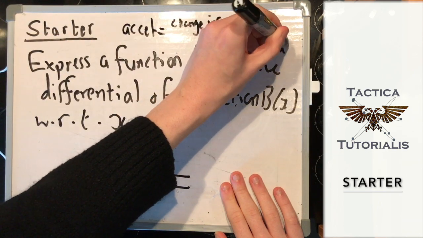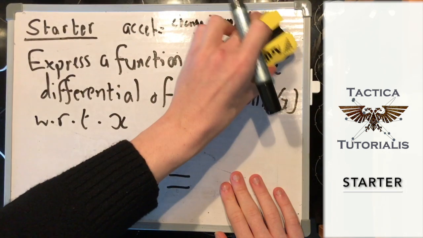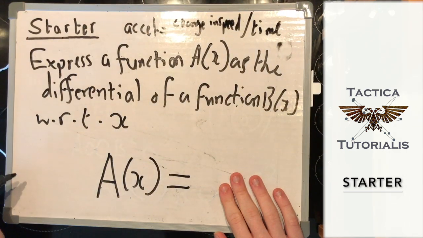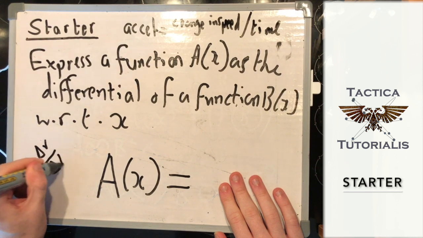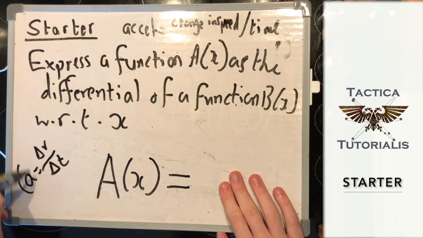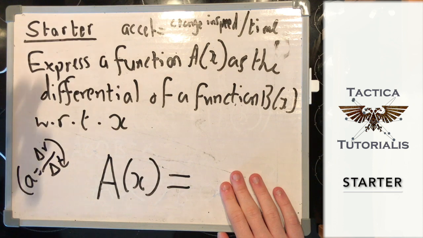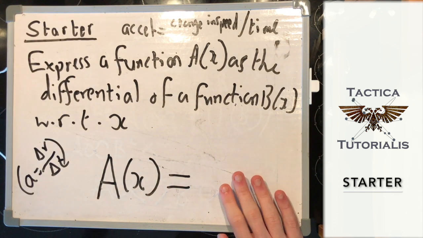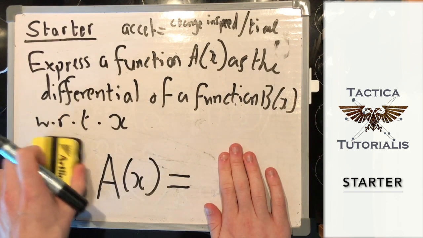A equals delta v. Actually, I need to write that somewhere else. But you might have seen that, which would then be expressed, for example, as A equals delta V over delta T, or A equals delta V over T. You may have seen that. Certainly I've seen that at GCSE level, and I think you will have too. That is the sort of categoric, simplified form of differentiation.